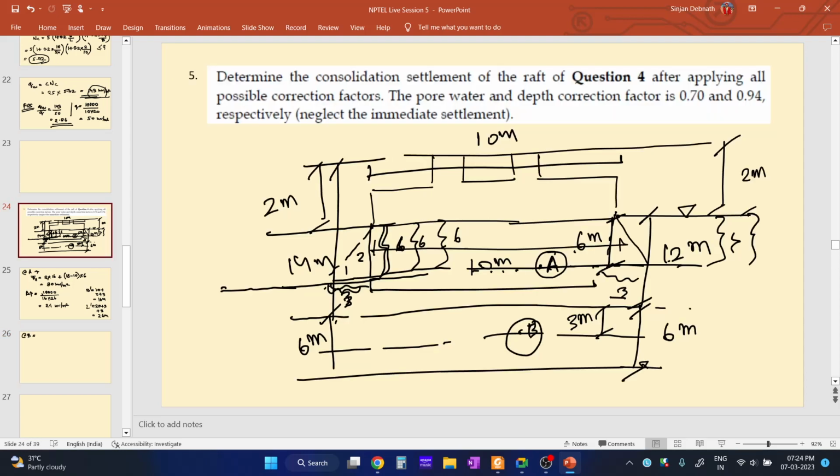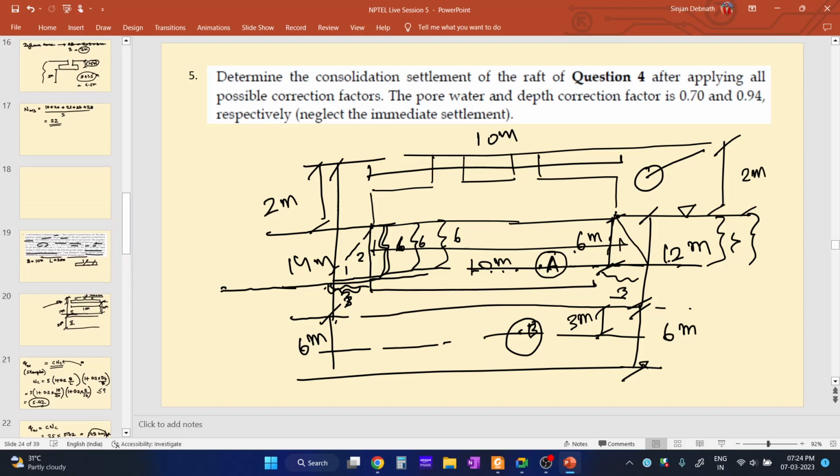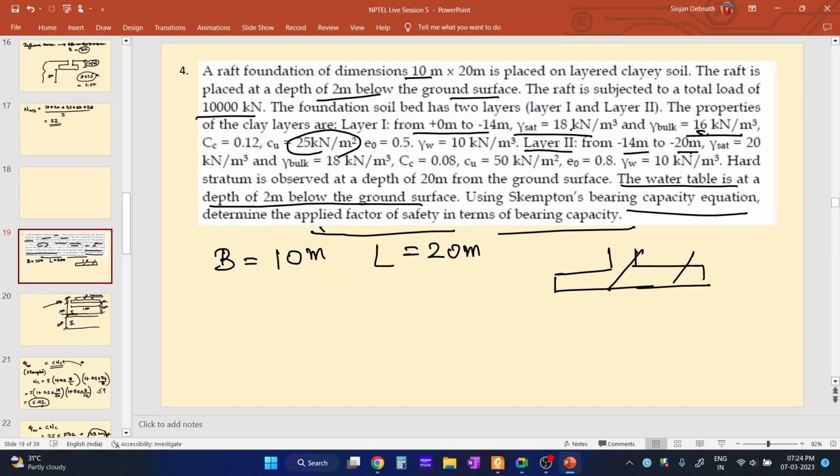Let me look at the diagram. For this portion the thickness is 2 meter, and what is the bulk unit weight of layer 1? It is 16.